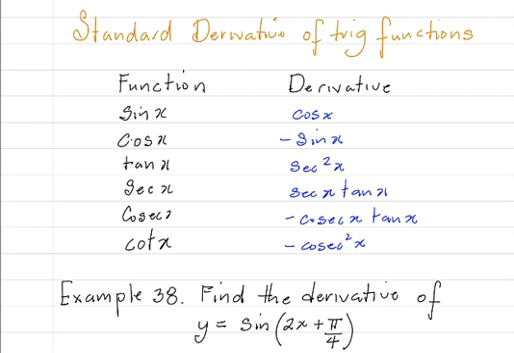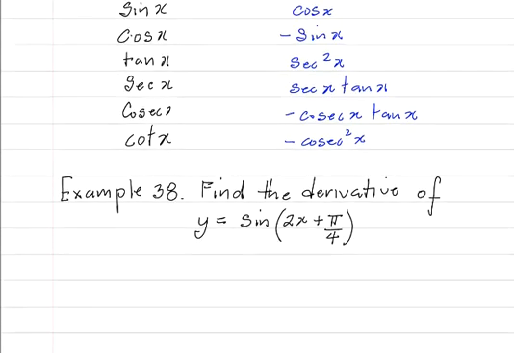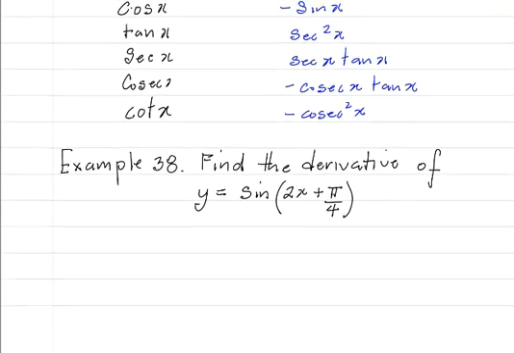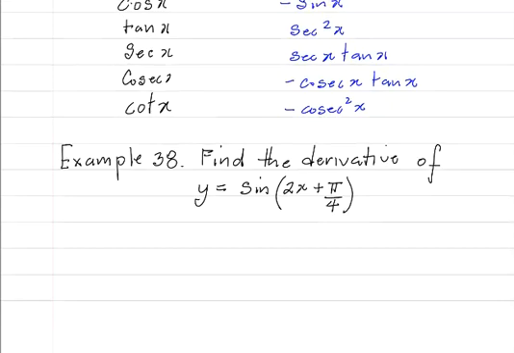Alright, let's have a look at example 38. Example 38 says find the derivative of y is equal to sine, and inside the bracket we have 2x plus pi by 4. So dy by dx.